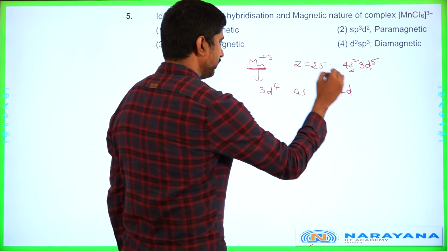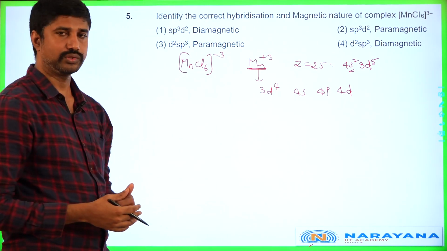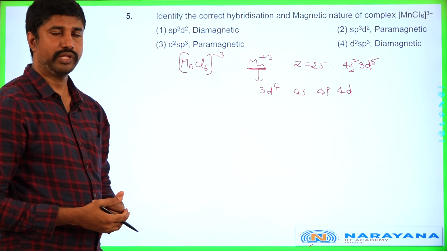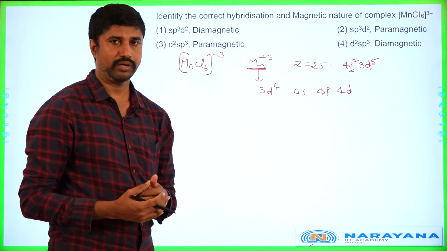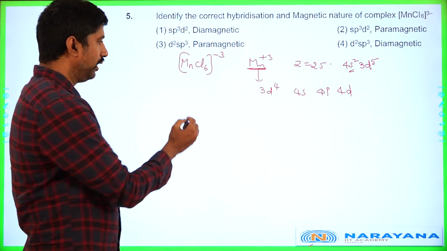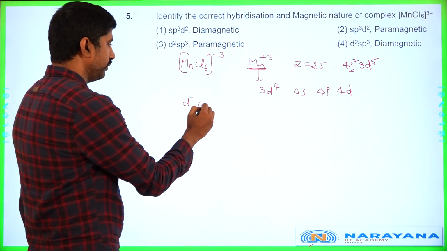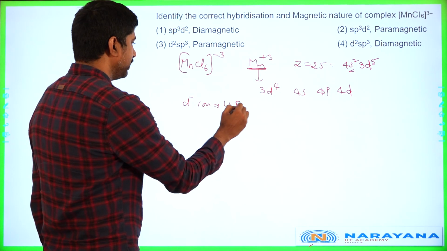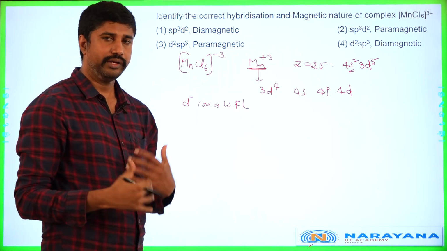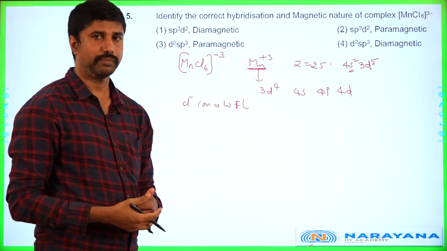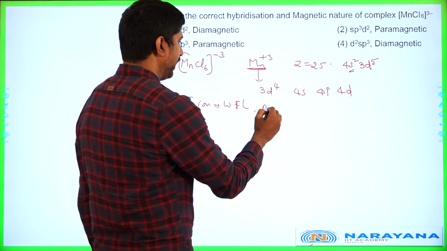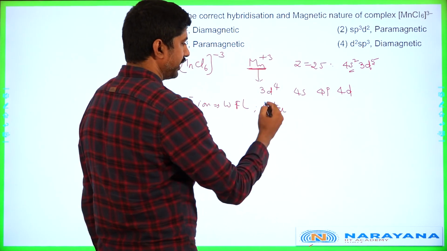If it were a strong field ligand, there might be a possibility of an inner orbital complex, but chloride is a weak field ligand, so abnormal pairing does not take place. It prefers outer orbital complexes, so we get a high spin complex.